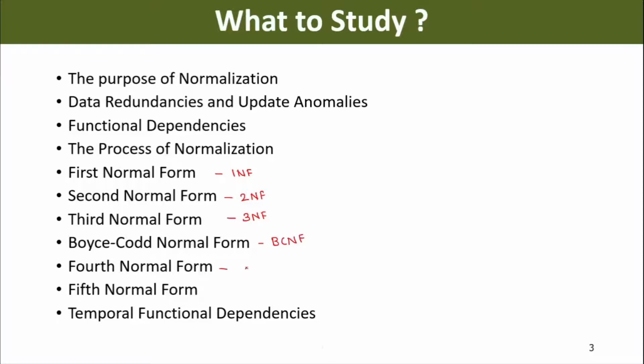Then we'll see fourth normal form, known as 4NF, and the fifth normal form, known as 5NF. And finally we are going to see the introduction to temporal functional dependencies. So these are other kinds of functional dependencies. This is what we are going to study in this unit.